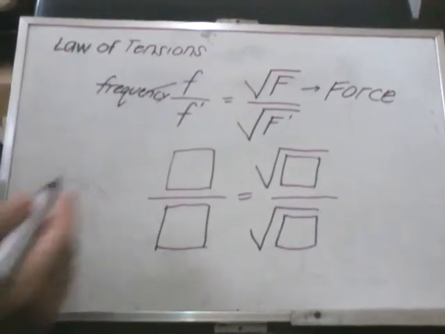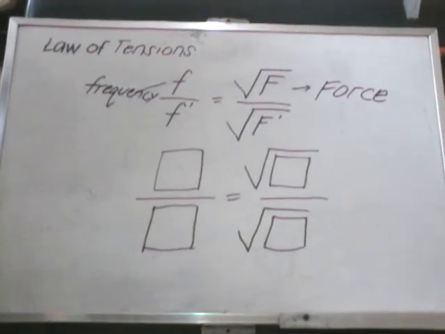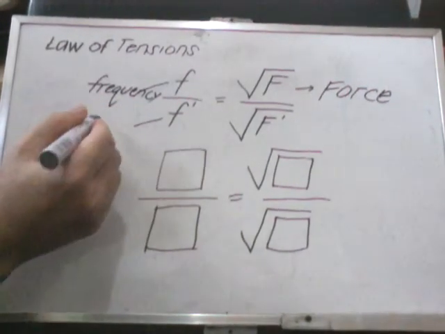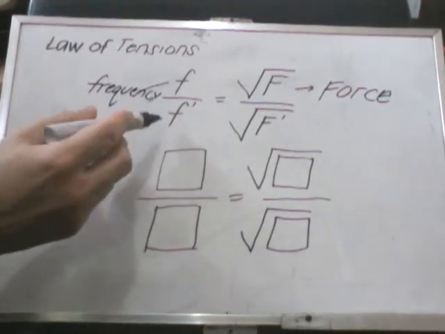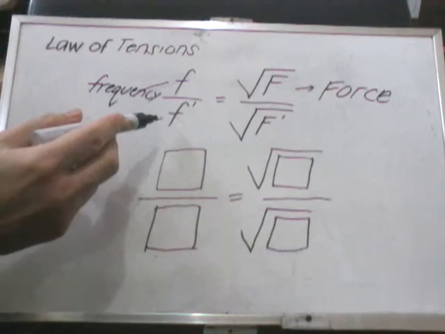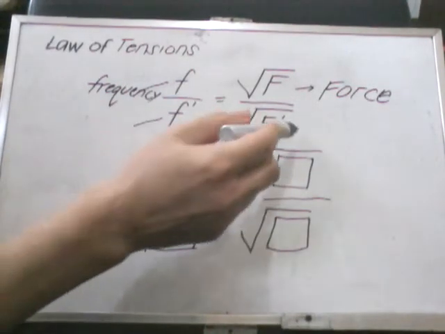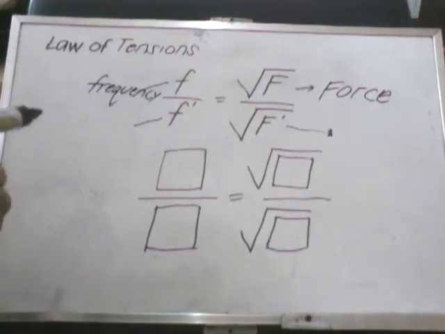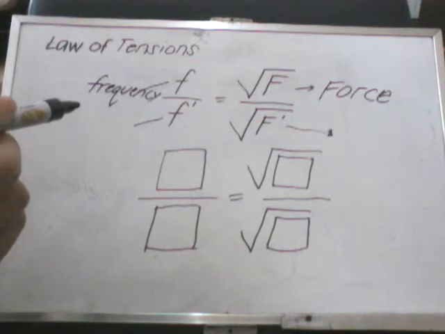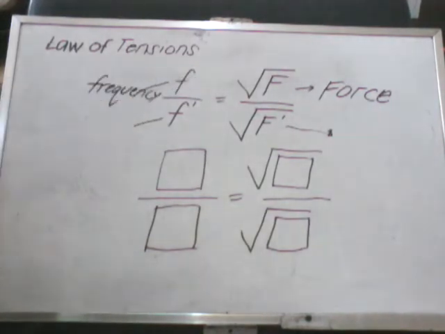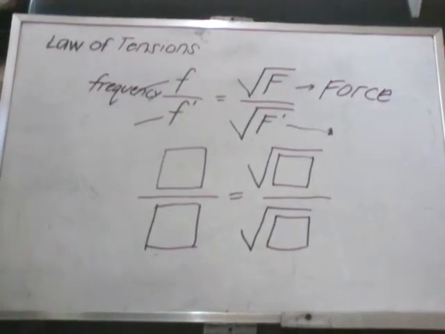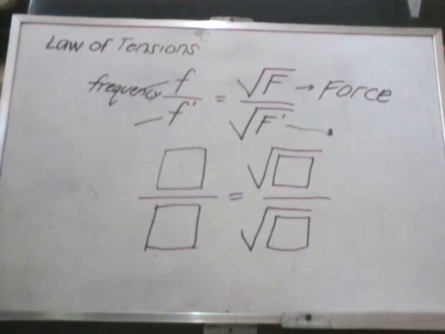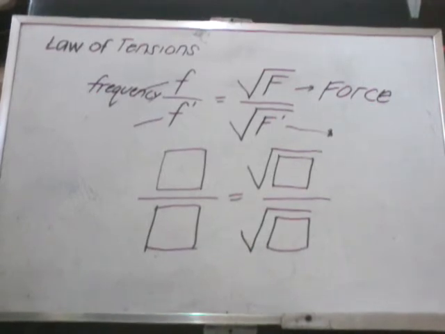The F prime represents the frequency of another sound specimen, while the capital F prime is its corresponding force. Notice the formula has a square root involved, and I already discussed that in one of my earlier videos.